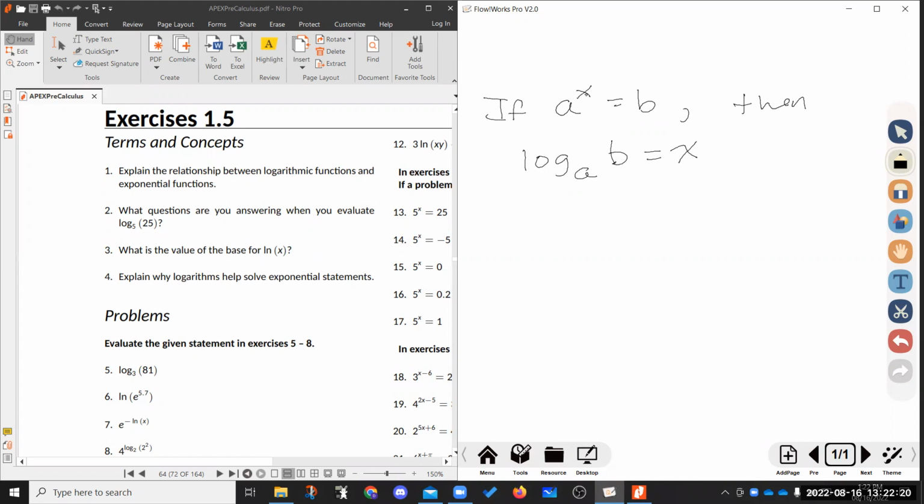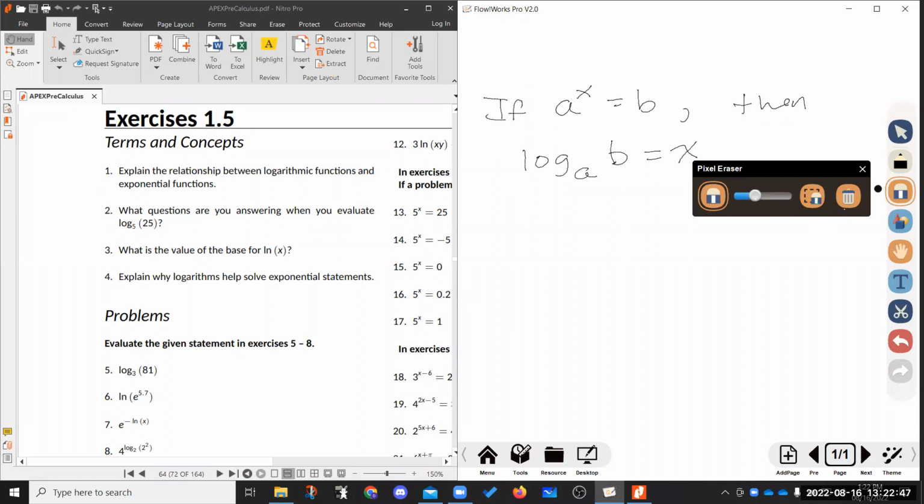I keep the same base, and what was my input here becomes my output over here. So when I want to solve for the exponent in an exponential equation, I can write it this way.